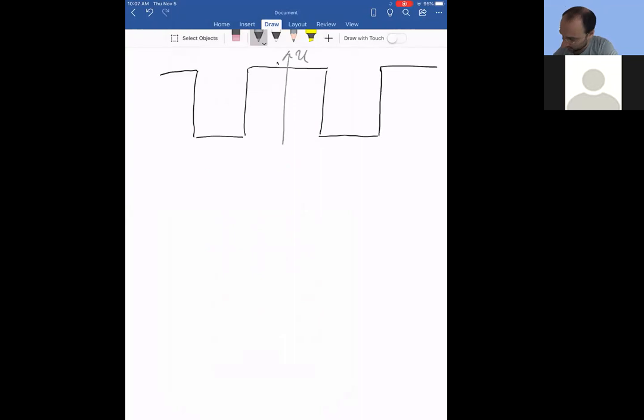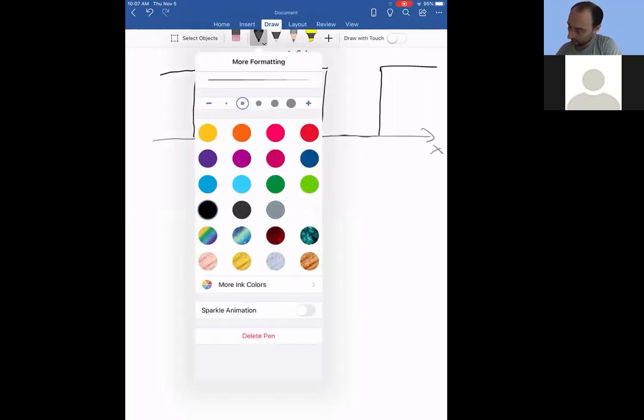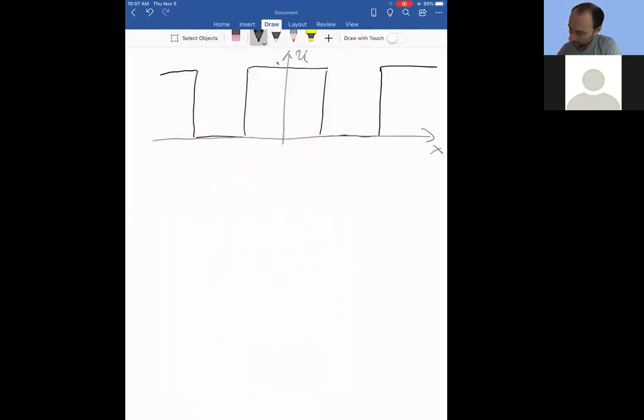So this is the potential energy. This is the x-axis, okay? And this is U naught right here. This is U naught. And let's say this is L. And let's say that this distance is A, so the centers of the wells are distance A apart.